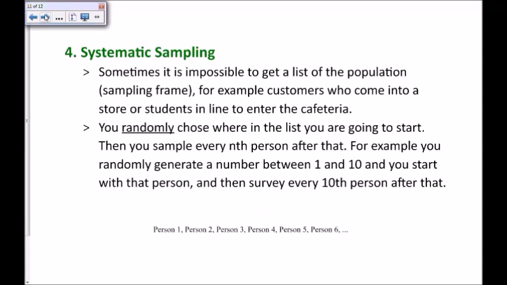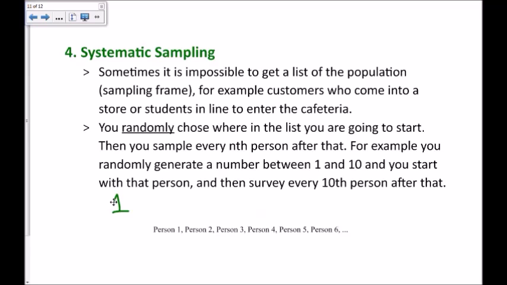So for example, you randomly generate a number between 1 and 10. And you start with that person. So if I randomly generate a number between 1 and 10, and I happen to get the number 1, then I will start with the first person. Whatever number I randomly generate, I start with that person and then survey every 10th person after that, or every 8th person after that. And then that goes as long as it needs to go for me to get the sample that I need.